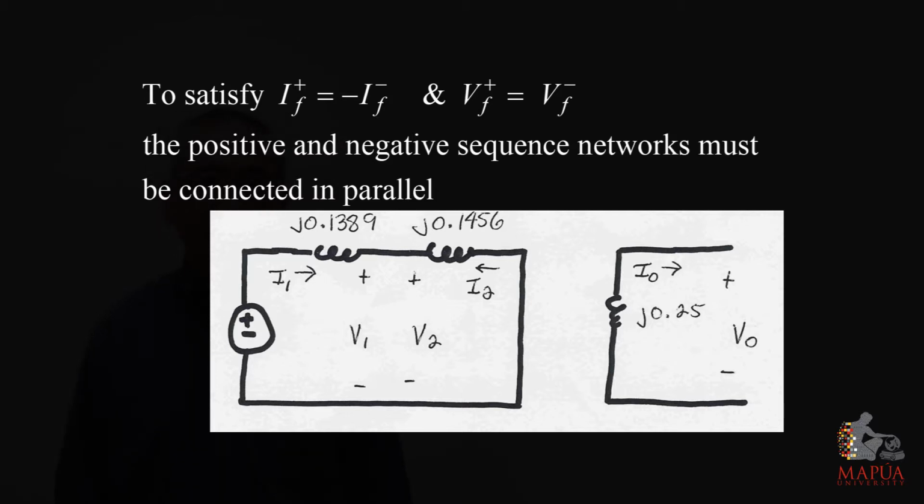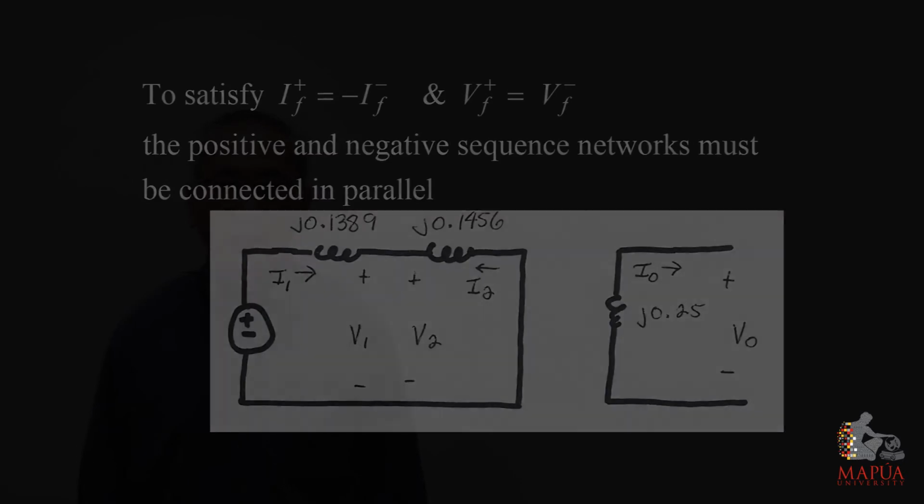So, we already knew the Thevenin equivalent of the positive sequence network and the negative sequence network, and based on this relationship for line-to-line fault, we can say that these two Thevenin equivalent sequence networks, positive and negative sequence networks, are to be connected in parallel as shown in the diagram.